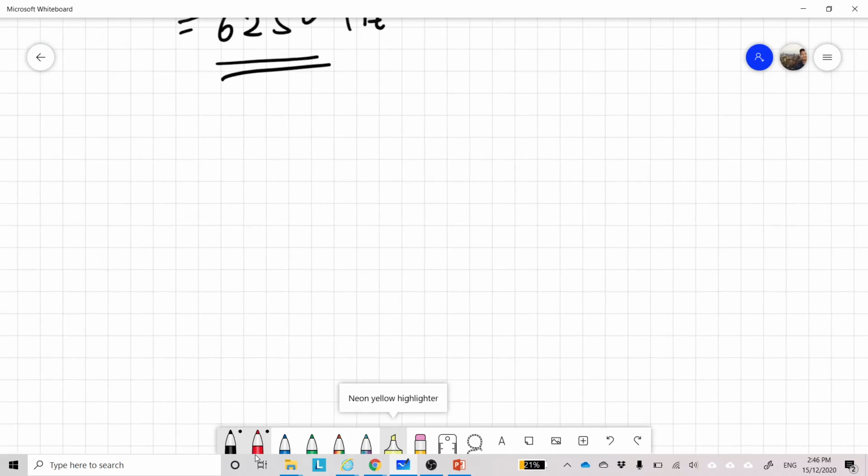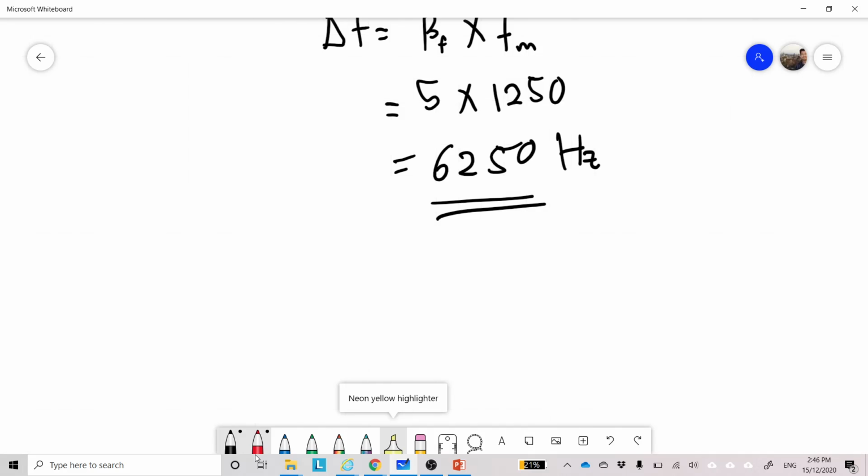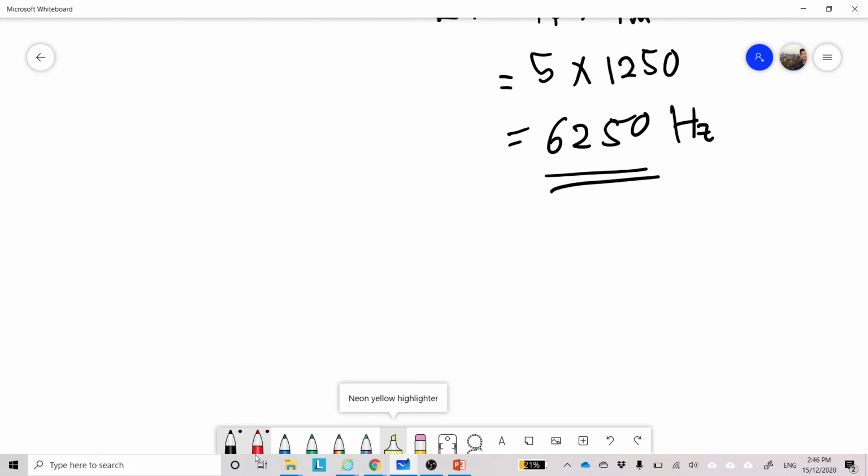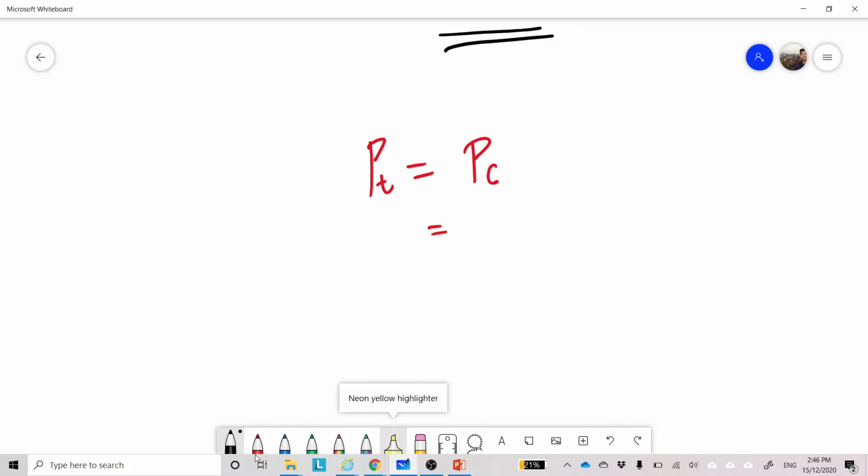Okay, again I will use the easy equation, which is P total is equal to PC, which is equal to VC square divide with 2R.